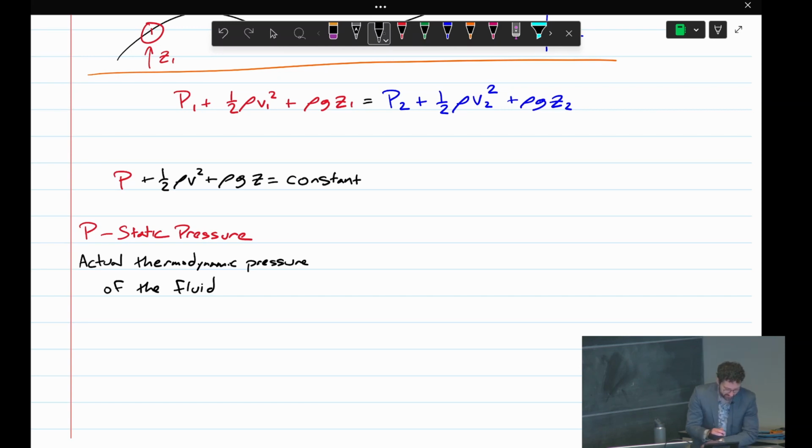So in a thermal class, that's the pressure in your thermo tables. That's the pressure in the ideal gas law. That's the actual pressure. The second term in this is 1/2 rho V squared, and that's called the dynamic pressure.